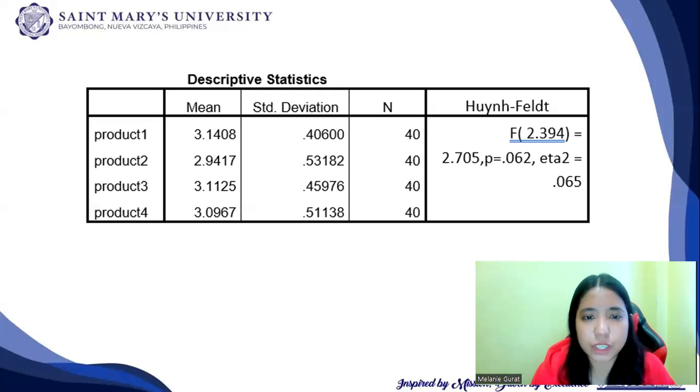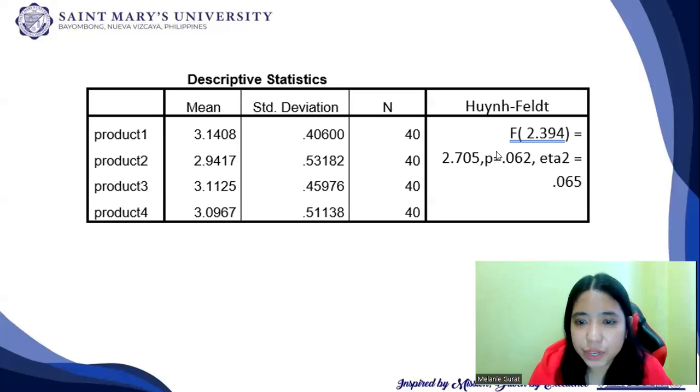So of course, when we give the interpretation for this table, since our purpose is to compare the average ratings of these products, we can start the interpretation by comparing the average ratings, stating that based on the computed averages, the highest is product 1, with a slight difference from product 3, followed by product 4, and the lowest average rating is product 2.